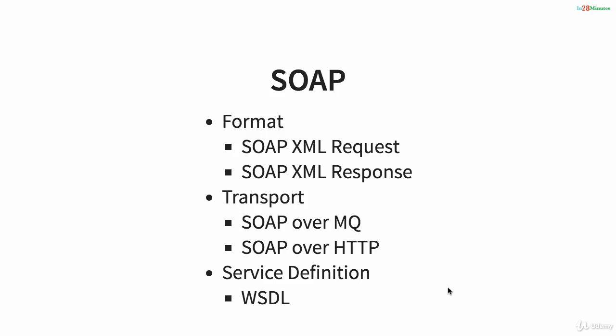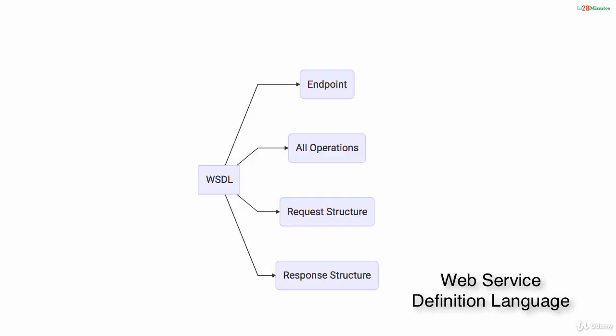And in SOAP, the service definition is typically done using something called Web Service Definition Language, WSDL. A WSDL defines the endpoint, basically where your service is exposed at. It defines all the operations that are exposed, get all course details, add a new course, delete a course.